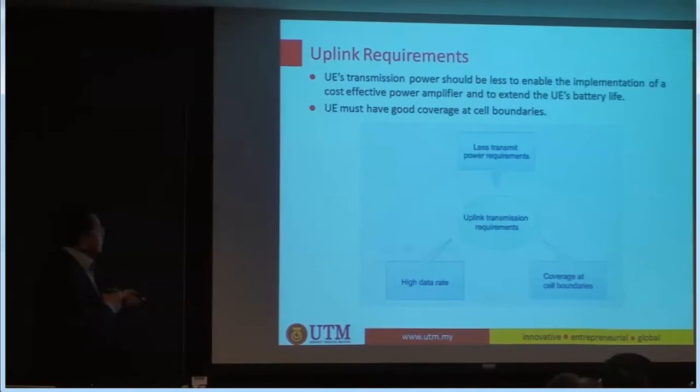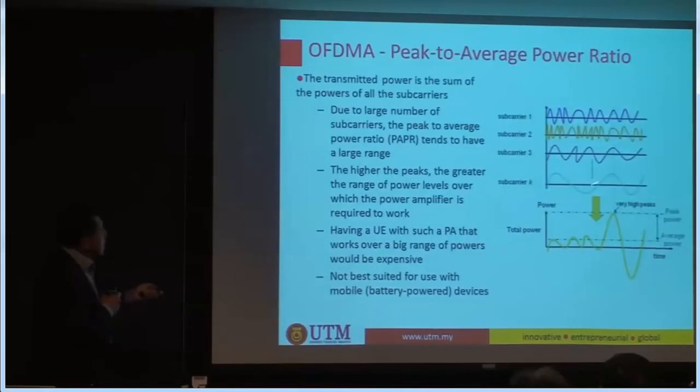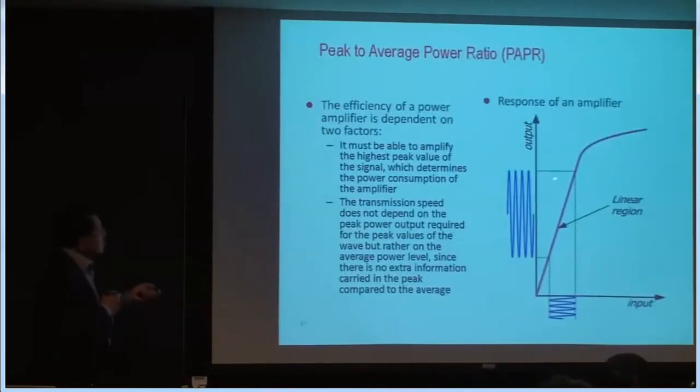These are the problems we saw yesterday. When you add together some components, they will have a high peak which can affect the power amplifier and also your battery life, because you need a linear region to cater for the high peak.